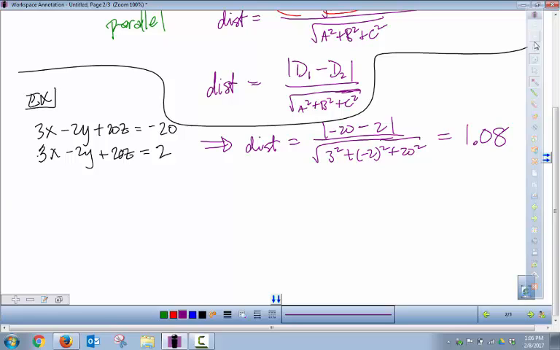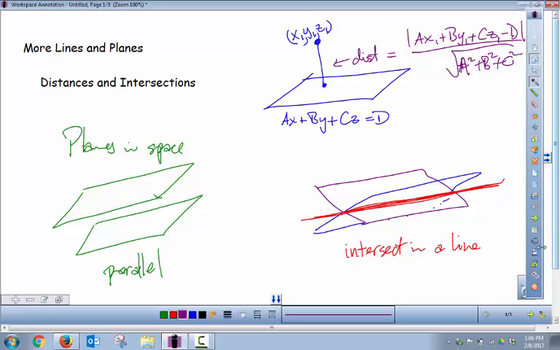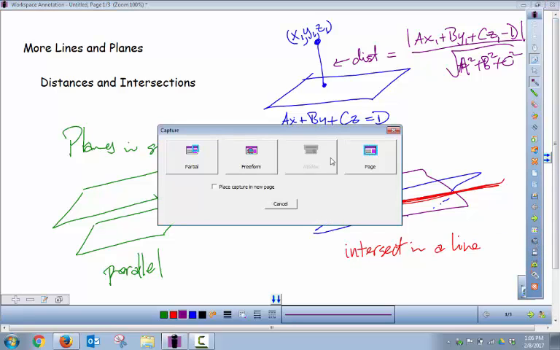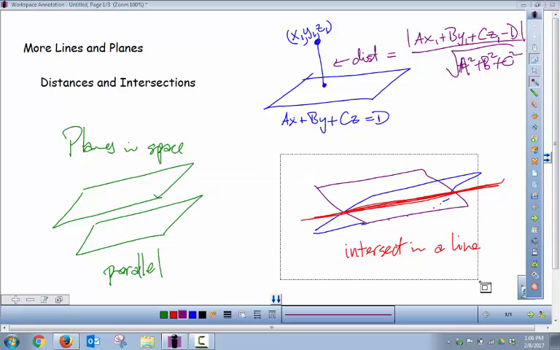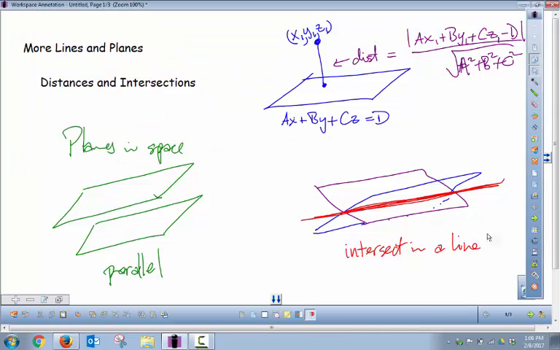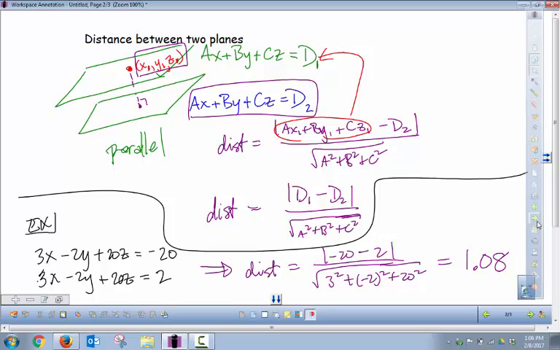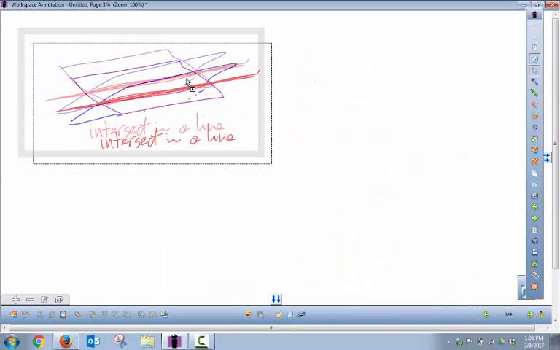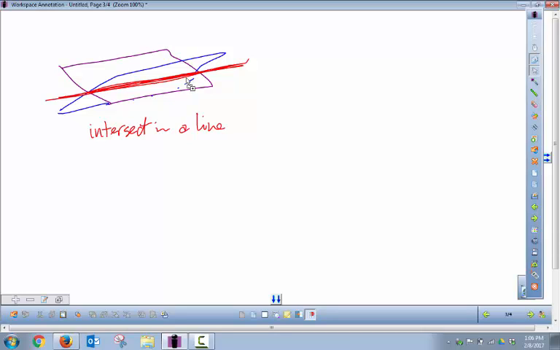Let's do the intersection. By the way, we're good with this, right? Okay. So now the idea of intersection is a little bit trickier, especially for planes. We want to find out when two planes would intersect.